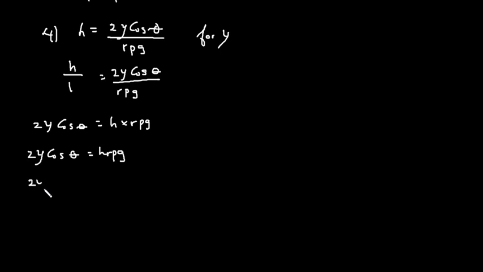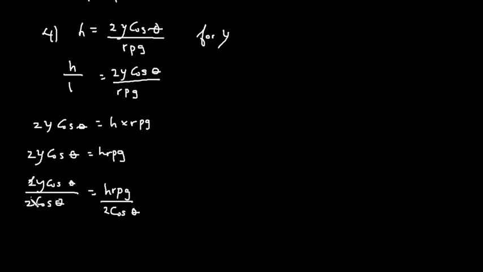So we have 2 gamma cos theta divided by 2 cos theta is equal to h r rho g divided by 2 cos theta.